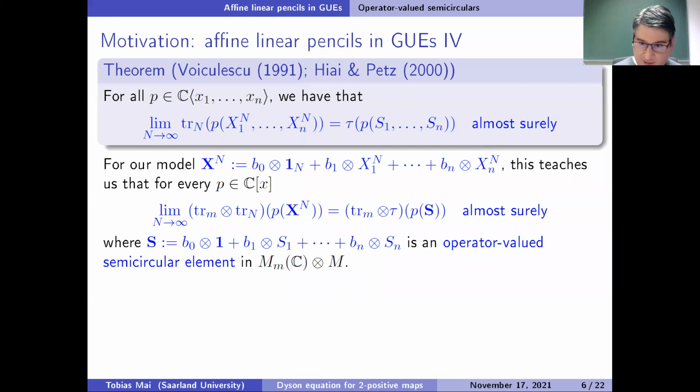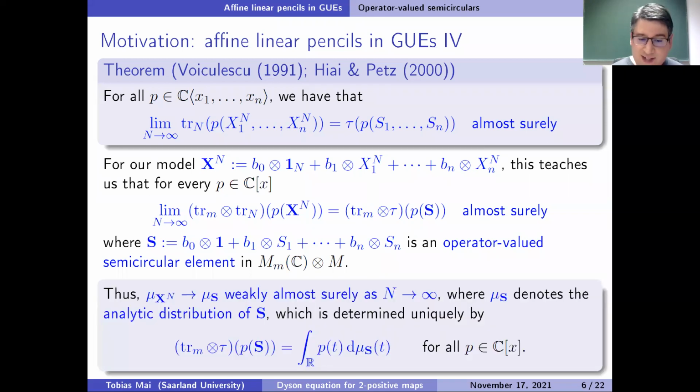I have not yet defined what an operator-valued semicircular element is, but I just want to mention this name already at this point. It simply says that it has a very interesting structure, a structure which can be studied by means of operator-valued free probability theory. And this gives us hope to solve our initial problem.